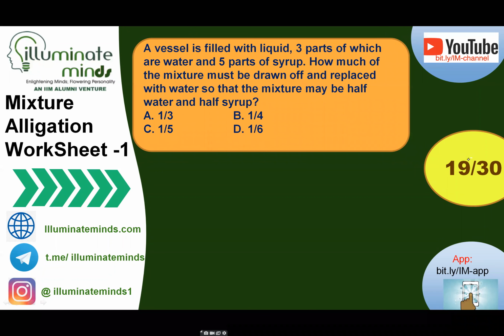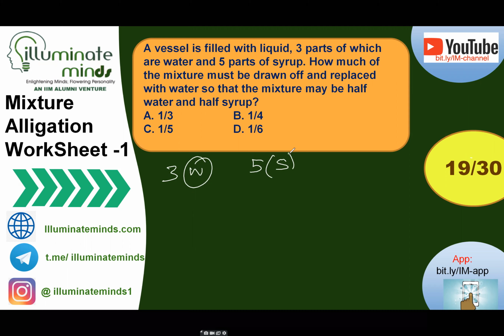So let's do the next one. Question number 19. A vessel is filled with liquid, 3 parts of which are water and 5 parts are syrup. How much water must be drawn off and replaced with syrup so that the mixture may be half water and half syrup? So again, I'm going to do this. 3 water and 5 parts of syrup.